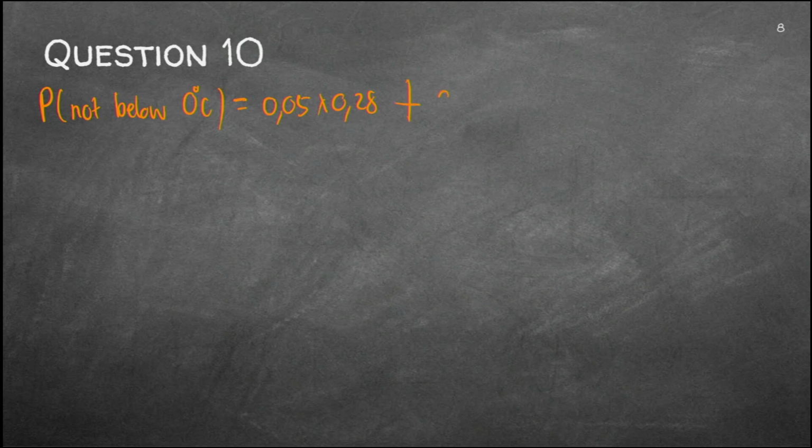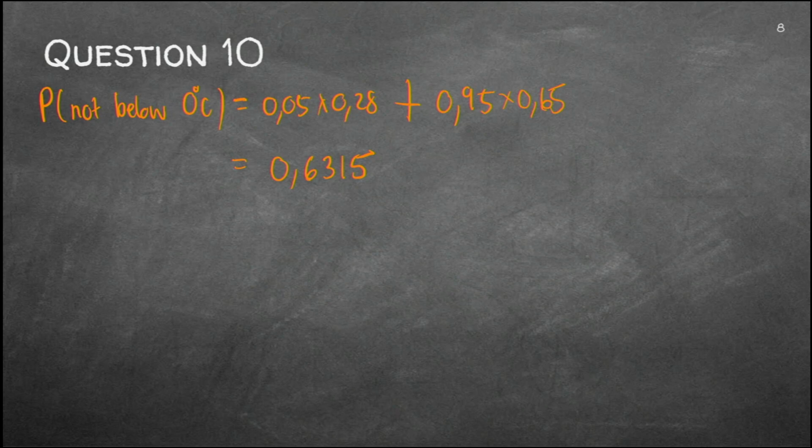Let's quickly jot it down. So the probability of not below 0 degrees would be equal to 0,05 times 0,28 plus 0,95 times 0,65. And you will get an answer of 0,6315.